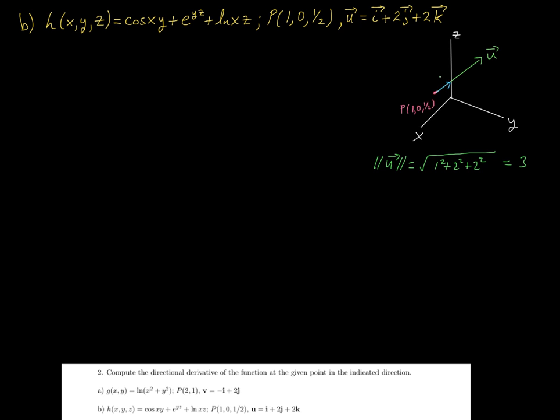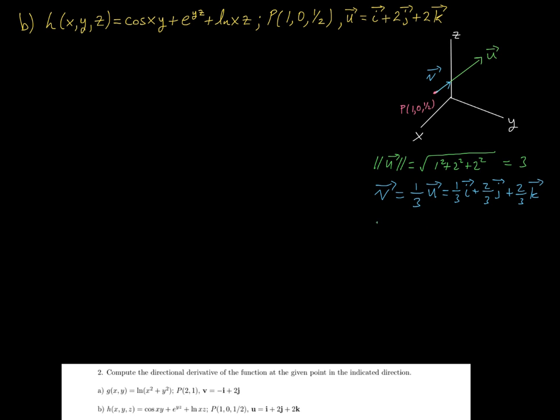So I'll go ahead and call this new vector v, where v now is going to be the unit vector. And I can compute this thing by just dividing the vector u by its magnitude. So this would be 1/3 i plus 2/3 j plus 2/3 k.